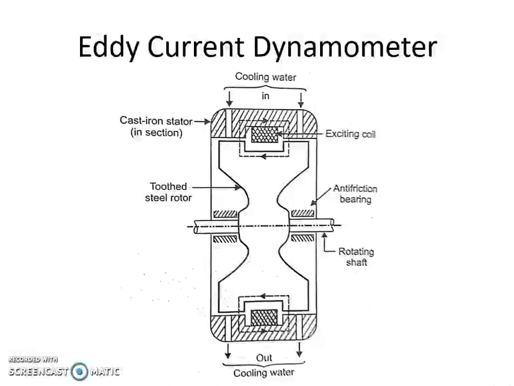Now let us see the eddy current dynamometer. This eddy current dynamometer is a type of absorption dynamometer.